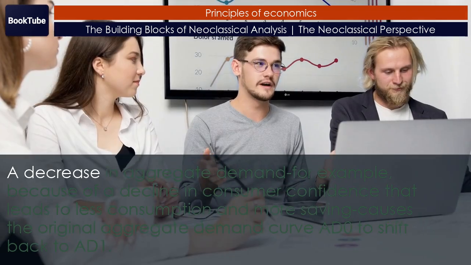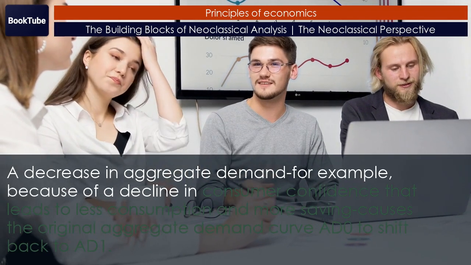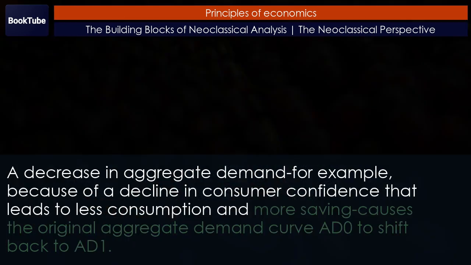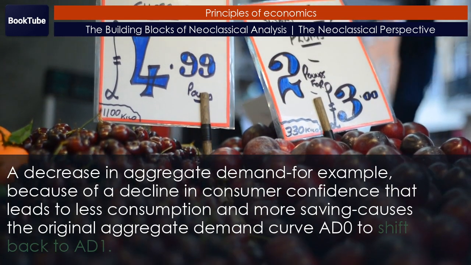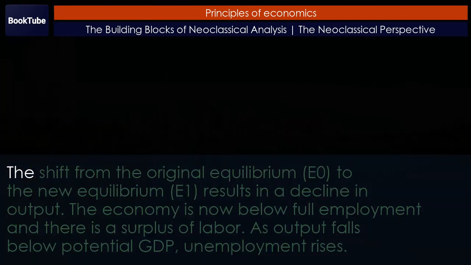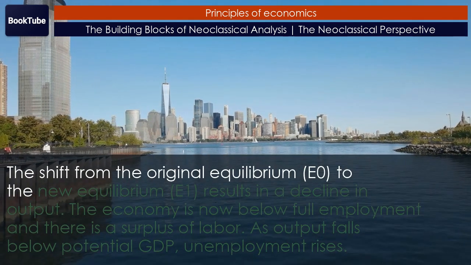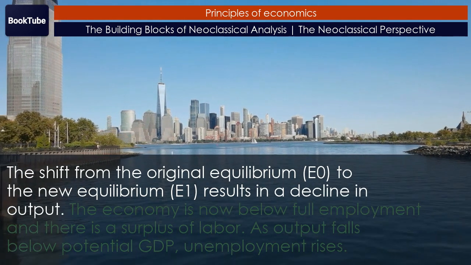A decrease in aggregate demand, for example, because of a decline in consumer confidence that leads to less consumption and more saving, causes the original aggregate demand curve AD0 to shift back to AD1. The shift from the original equilibrium, E0, to the new equilibrium, E1, results in a decline in output.